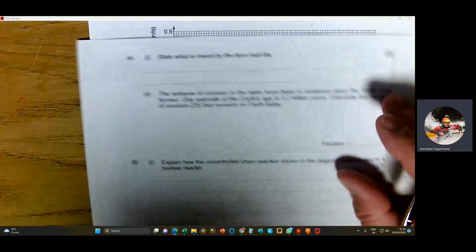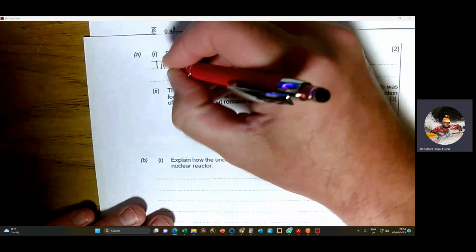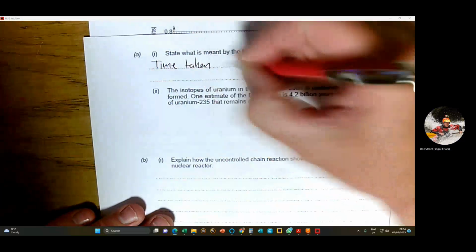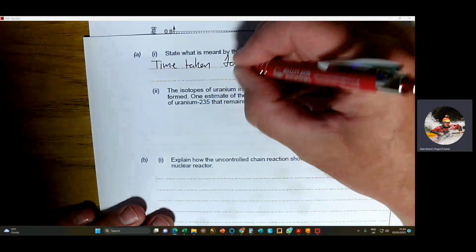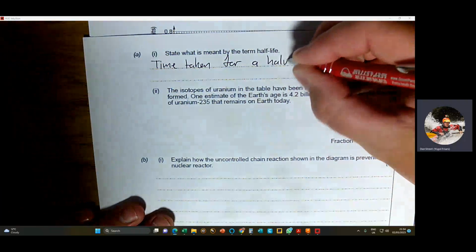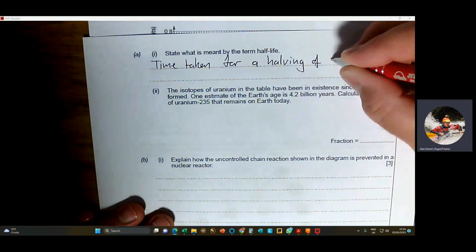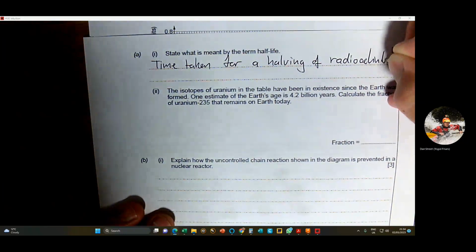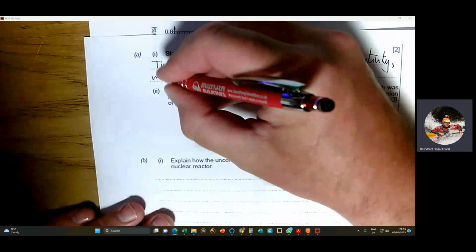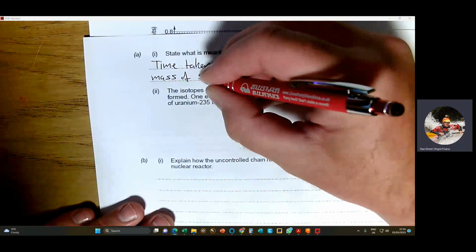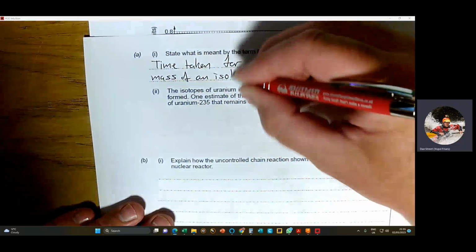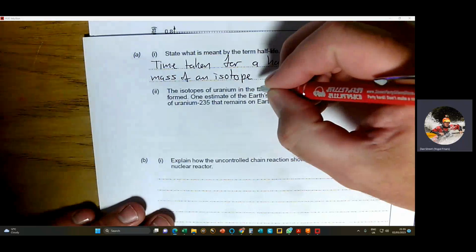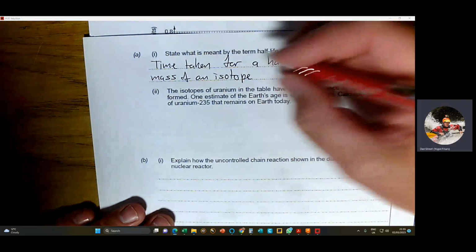Okay, so the first question says, state what is meant by the term half-life. So half-life is a time period, the time taken for a halving, in other words, halving of the radioactivity, or the mass of an isotope, or the amount of material, as the isotopes decay into something else.